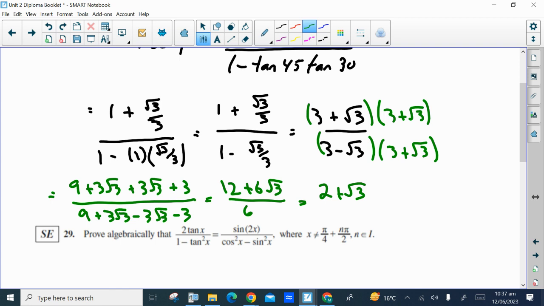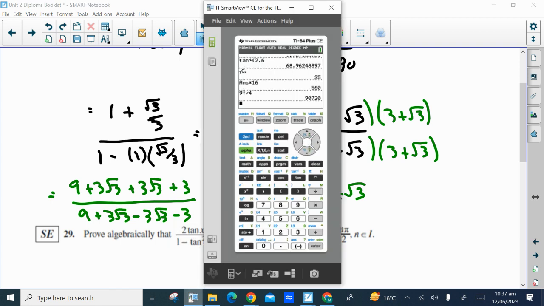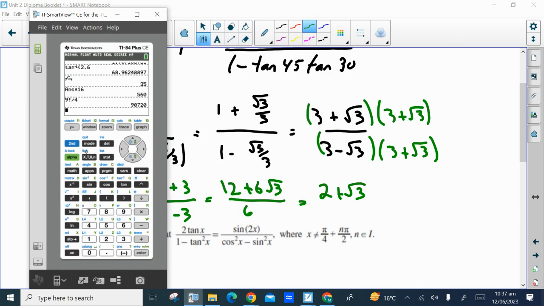And you could check this on the calculator in degree mode. Take the tangent of 75 degrees. It's that decimal. So that should equal 2 plus the root of 3, the answer we got. And it does. So that tells us that the answer is correct.